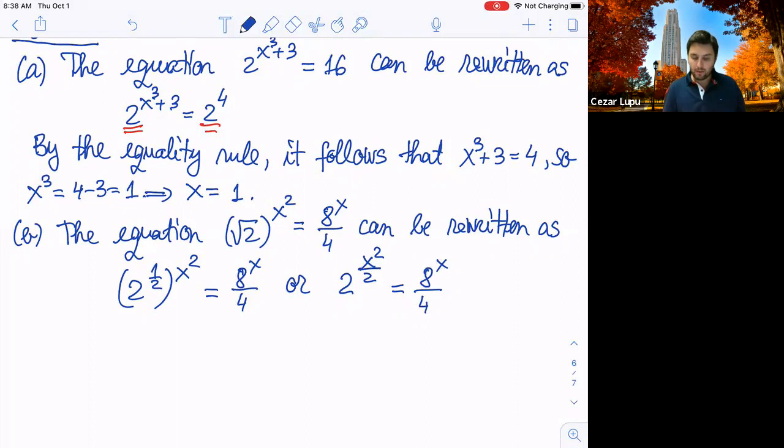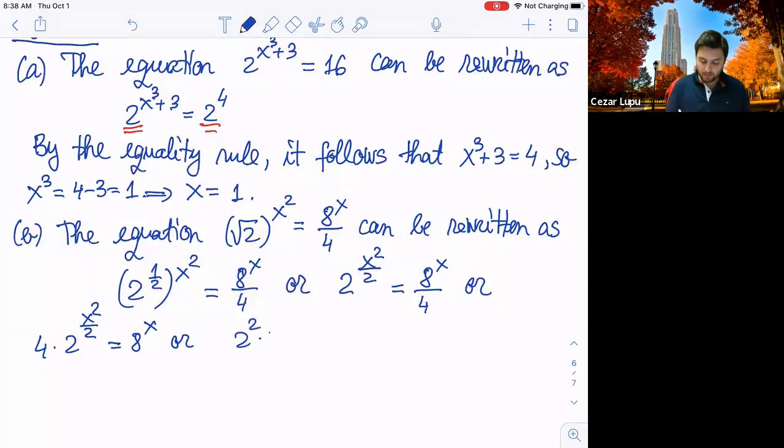Okay, now let's keep going. Or equivalently, let's multiply by 4. 4 times 2 to the power x squared over 2 equals 8 to the x. Or we can write this 4 as 2 squared times 2 to the power x squared over 2 equals 8 to the x.